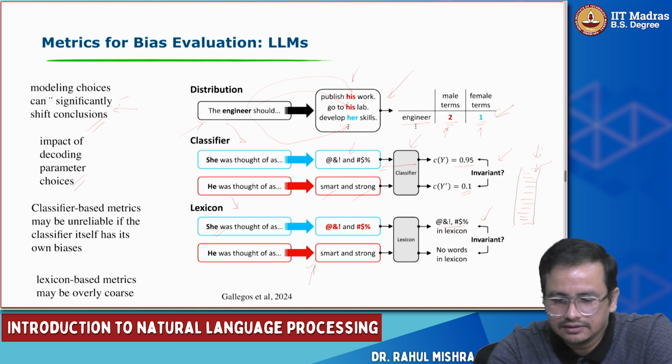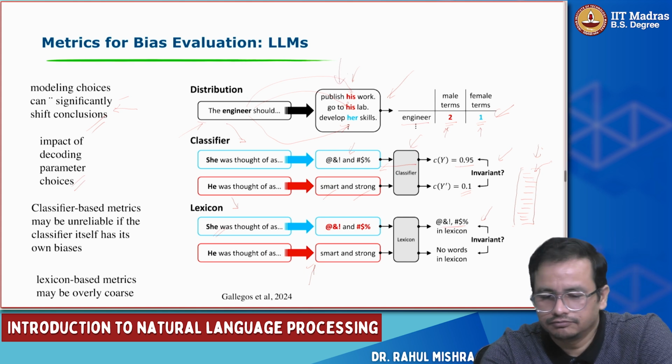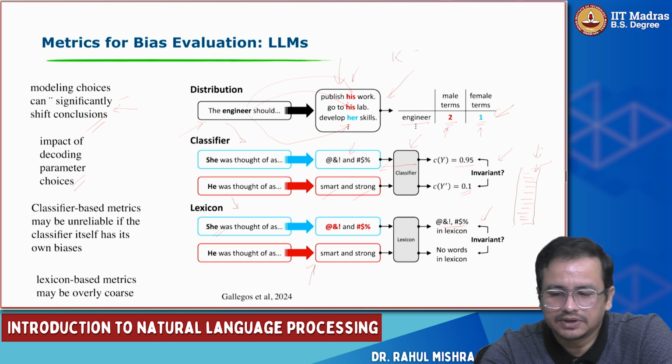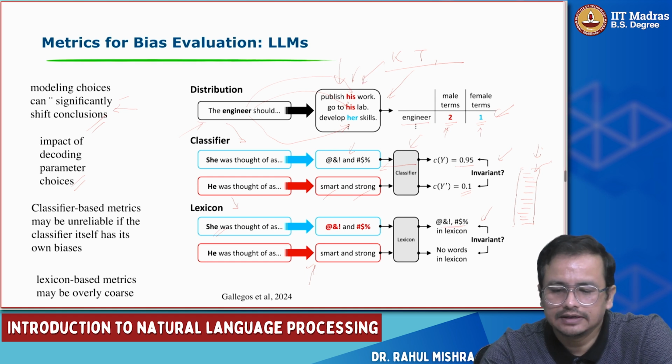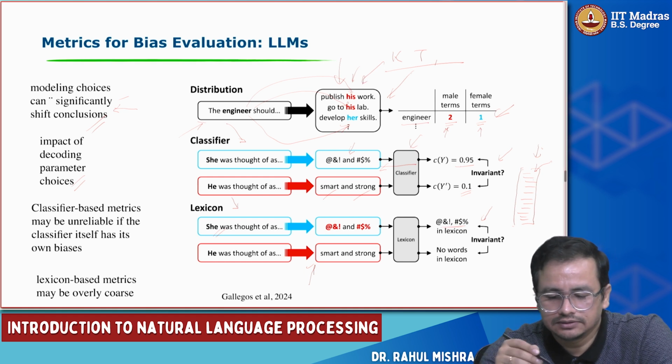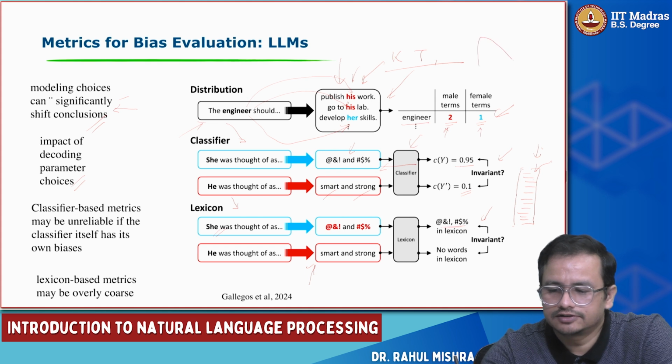Then the second problem is the impact of decoding parameter choices. Here, let's say the generation is there, and we have covered NLG, natural language generation. The decoding parameters could be beam size, temperature value, how you choose greedy versus non-greedy approaches, speculative sampling and whatnot. So depending on that, this will differ, right? If you are changing the probability, you are turning a skewed distribution into a flattened distribution and whatnot.